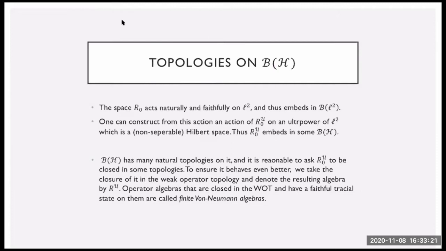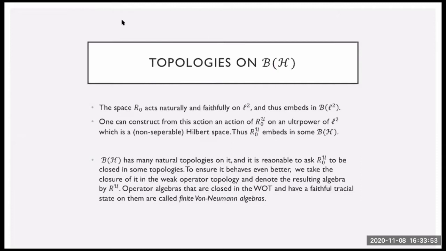Yes, but Alex, the point is that he wants to talk about what the ultra power of R naught acts on. R naught doesn't act on finite dimensional Hilbert spaces. It only acts on... I know, I understand, but I think that R naught is acting on the ultra product of infinitely many Hilbert spaces where each one of them is finite dimensional.